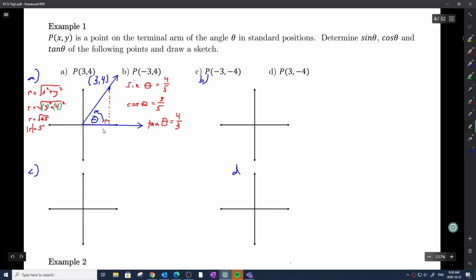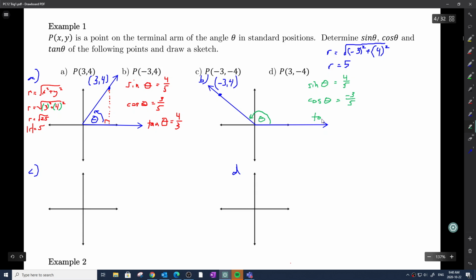Anyways, I'll press pause. I want you to construct what B should look like. So this is my angle in standard position. We're measuring it from the initial arm to the terminal arm. And I have coordinates -3, 4. So very quickly, we know that sine theta is equal to my y coordinate divided by my radius vector r. The cosine of theta is going to be my x coordinate divided by my radius vector r.